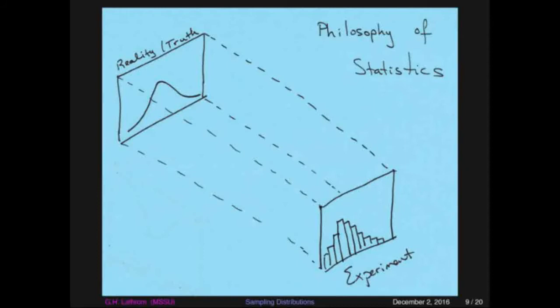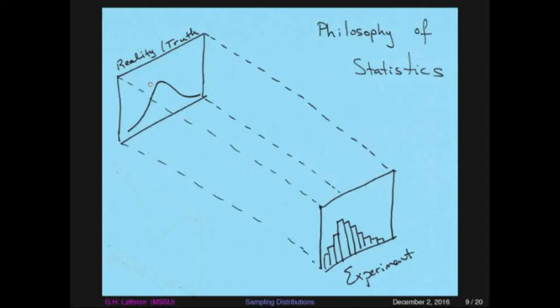And so now let's talk a little bit about some philosophy of statistics. This really isn't something that's essential for doing the math, but it does help guide our thinking about what we are doing. One way of thinking about this is that you have truth and reality back here in the background. This is what actually exists.